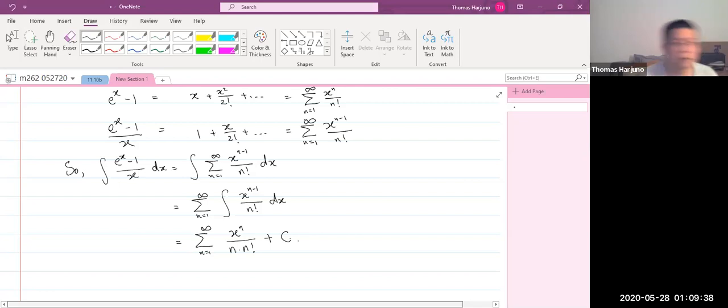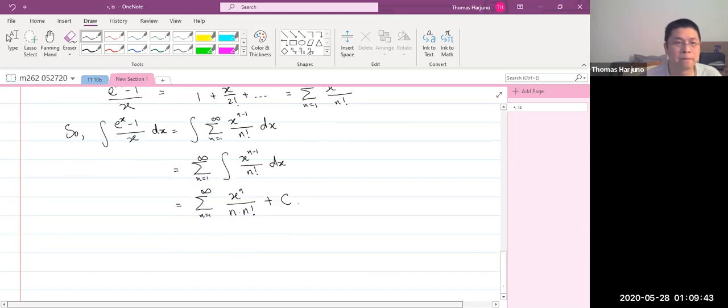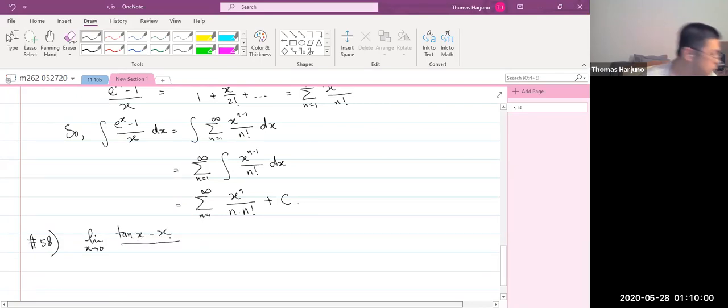Number 58. So the question is, find the limit as x goes to 0 of tangent x minus x over x cubed. Now it says here that if we use L'Hopital's rule, we need to do it 3 times.